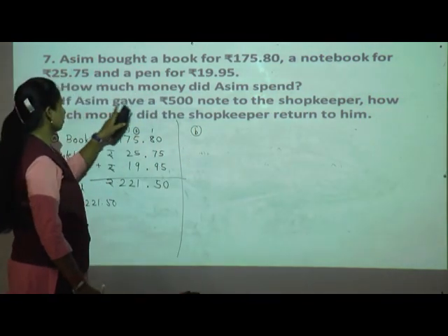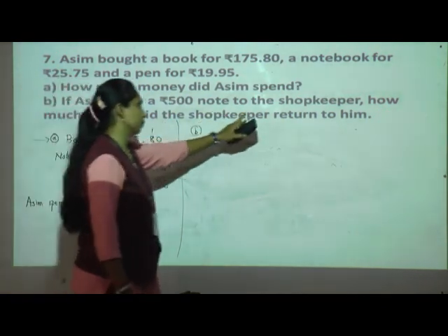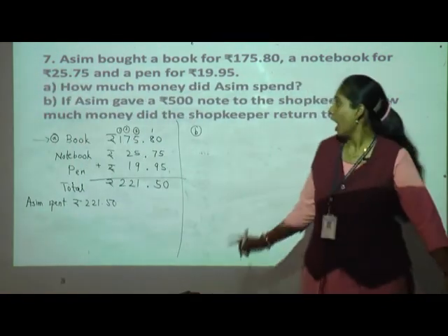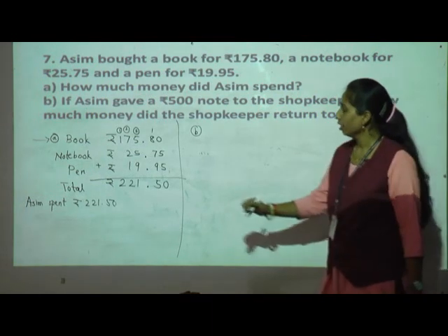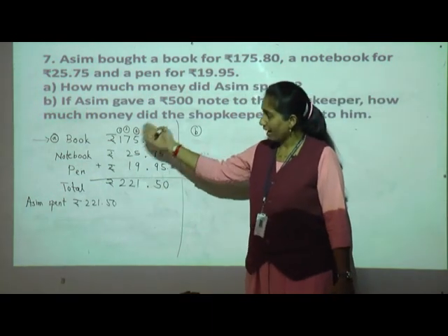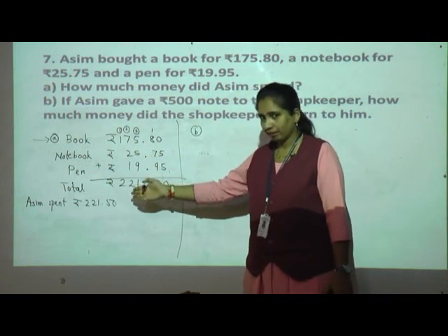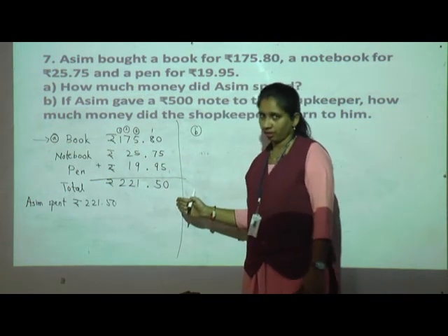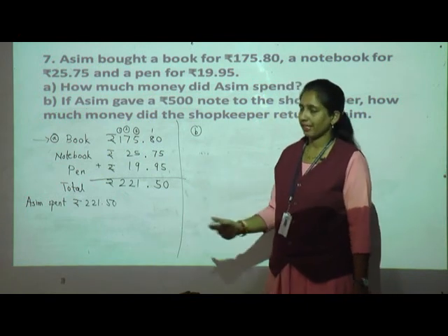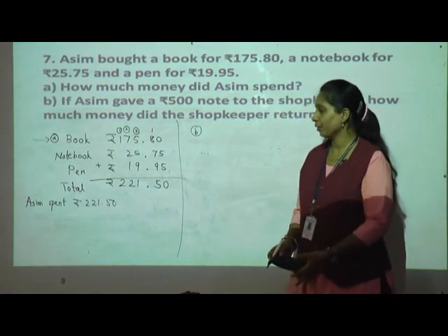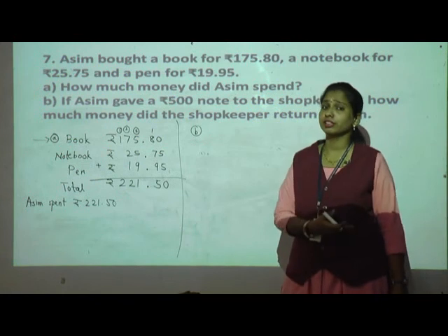If Asim gave rupees 500 note to the shopkeeper, how much money did the shopkeeper return to him? See, Asim wants to buy book, notebook, pen. This much amount is there when you have done the bill. So this much amount he spent. Then if he gives 500 note, how much is he supposed to return?